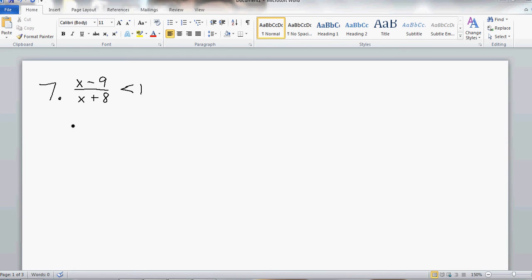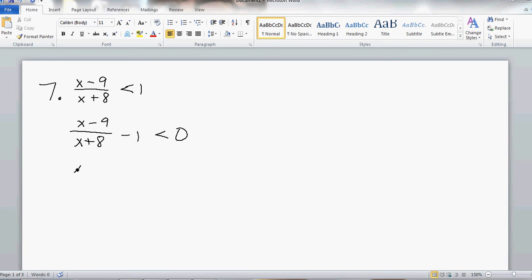So what we're going to do is subtract 1 from both sides. And realize that as soon as we do that, we need to get our common denominator of x plus 8, because we do need to get this into a rational expression once again.